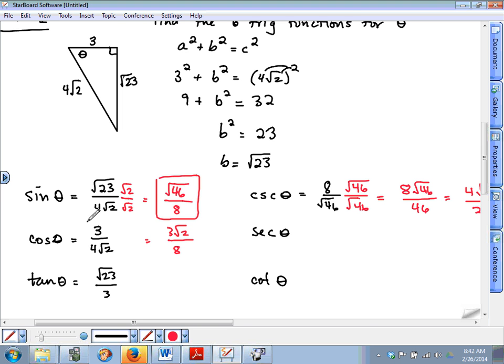I would rather take this one here and do the reciprocal of that. Why this one? It would already be simplified. So do that and don't question it. So just reciprocate the first version of cosine.